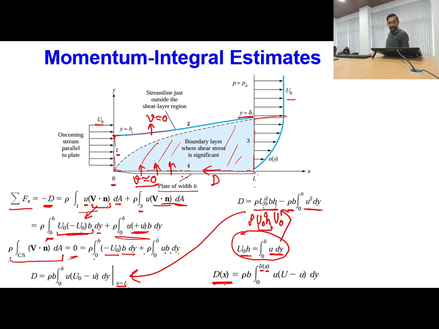If I simply know the velocity profile, I can calculate the corresponding drag force. So, this is called Karman's momentum integral equation. In this equation, if I simply substitute the velocity profile, I can calculate drag force, wall shear stress, and skin friction coefficient.